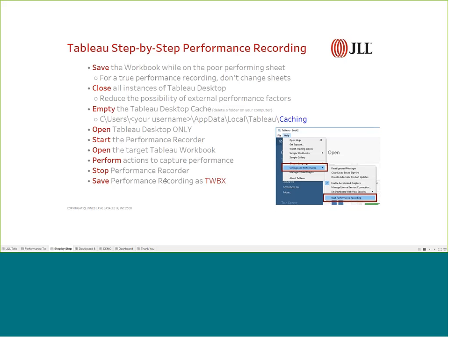A TWBX is a nice shrink-wrapped package of your performance recording. So, you don't have to follow this procedure. You can save it as a TWB if you like. My recommended approach and the way I train our team is save it as a TWBX. That means that you have everything in a nice archive related to your performance recording, and you can then begin to analyze the results. Okay.